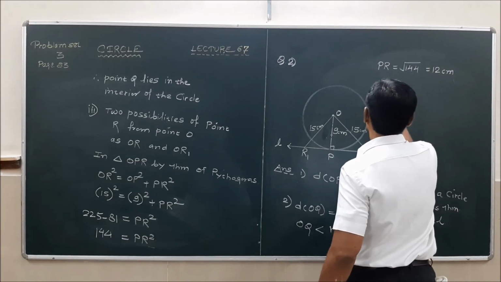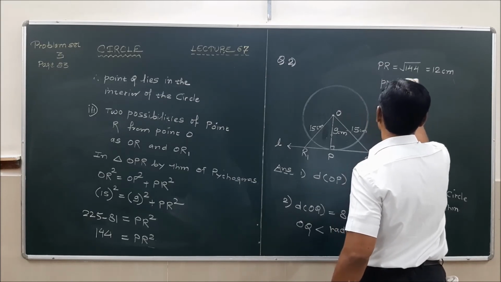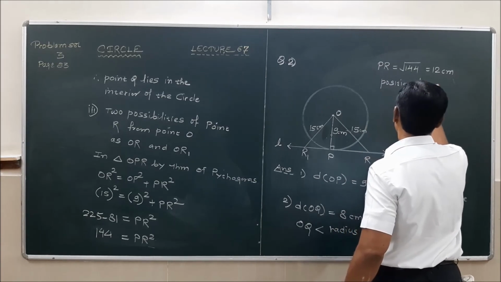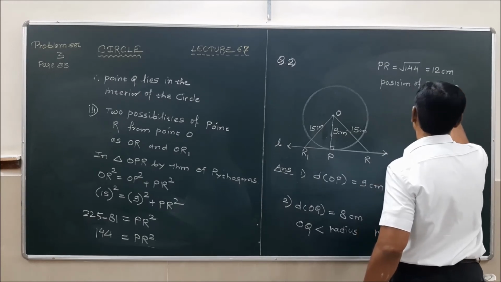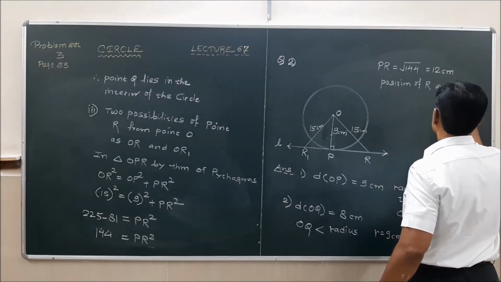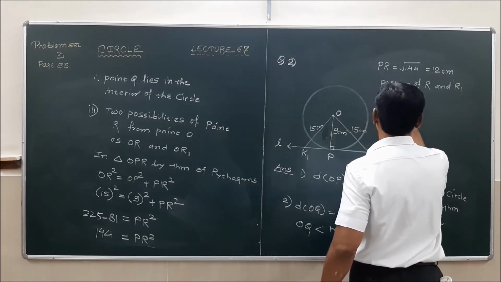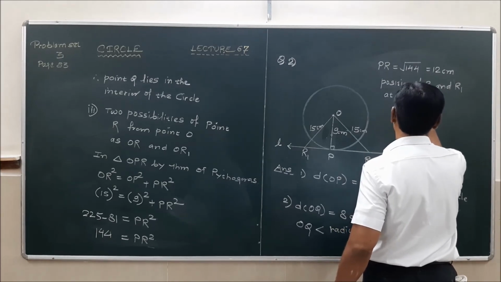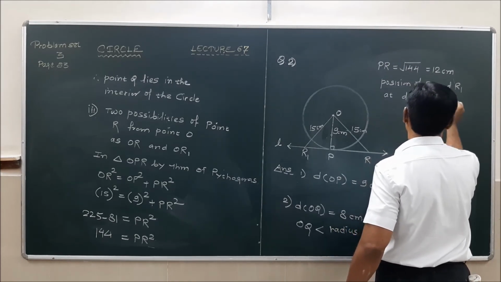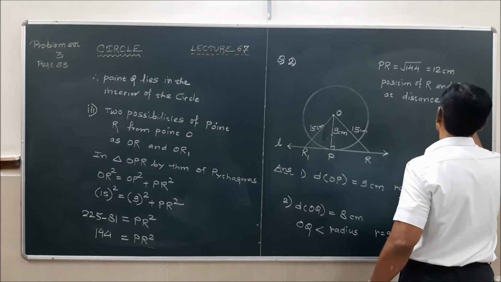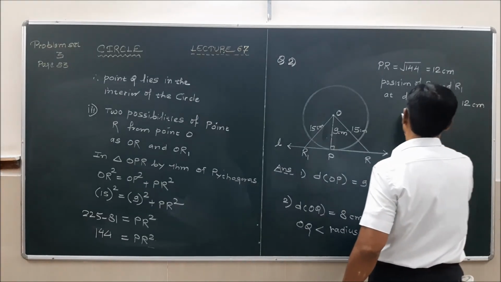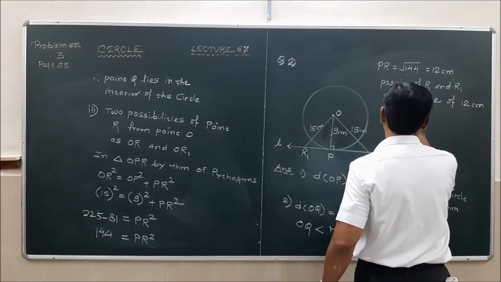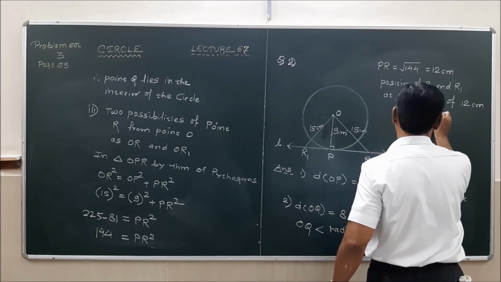So R and R1 are at a distance of 12 centimeter from point P.